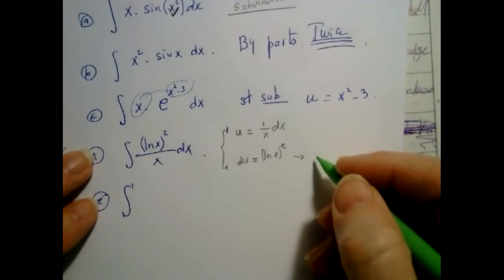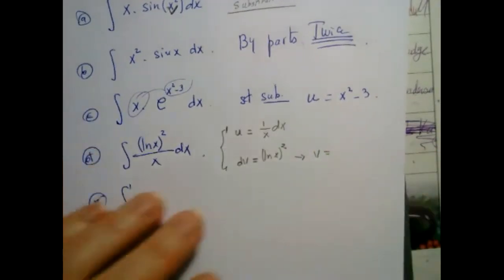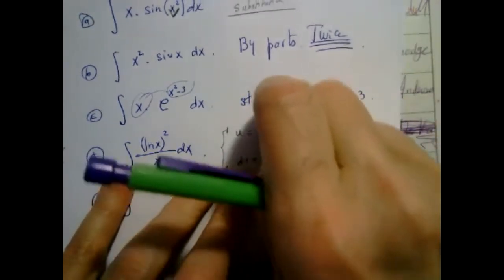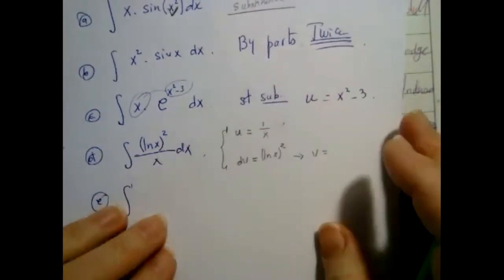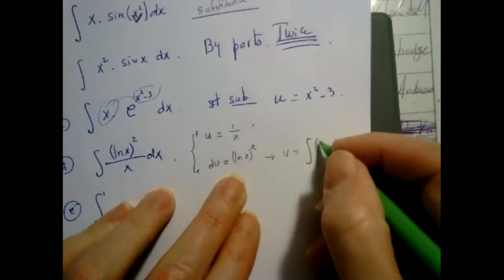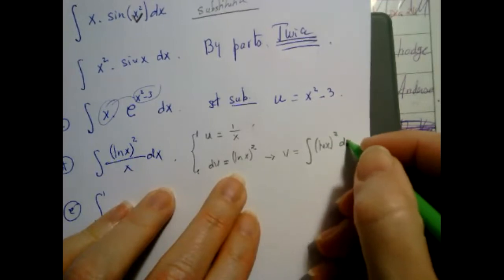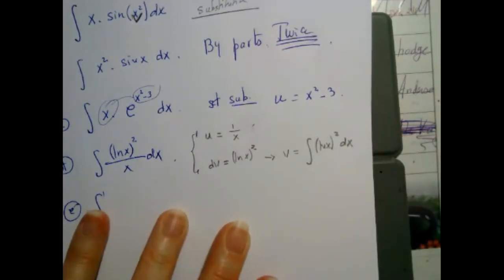So I've tried this. If I do that, what's the v? If dv is ln of x squared, then v is going to be the antiderivative. What's the antiderivative of that? Is it easy or hard?